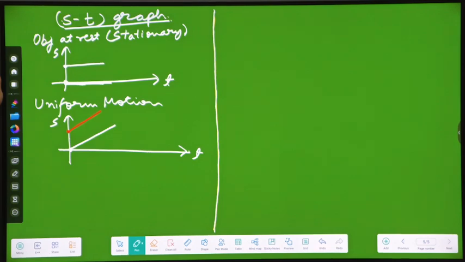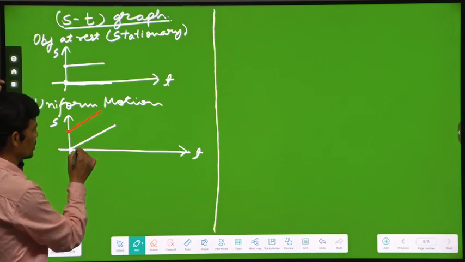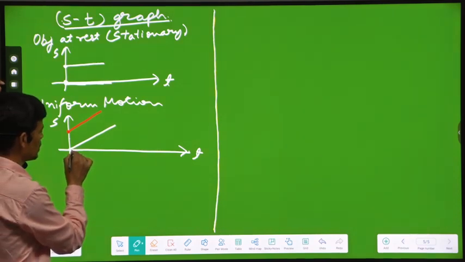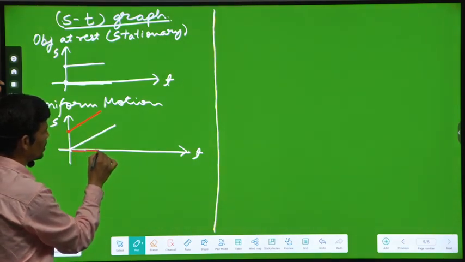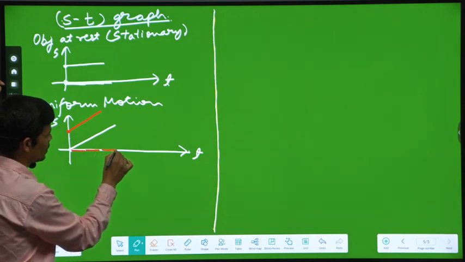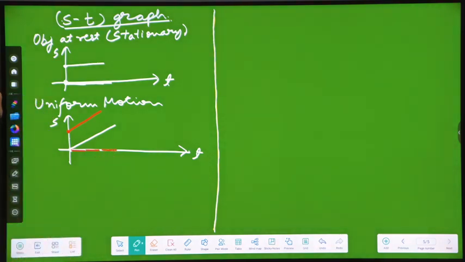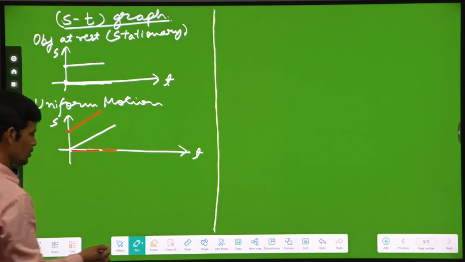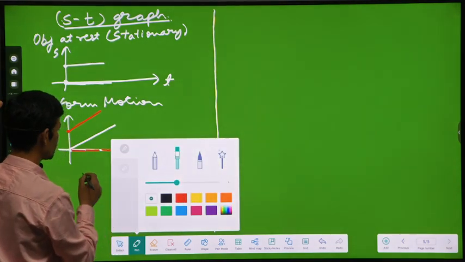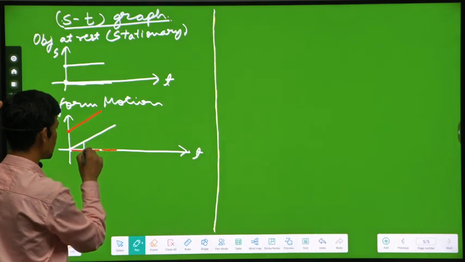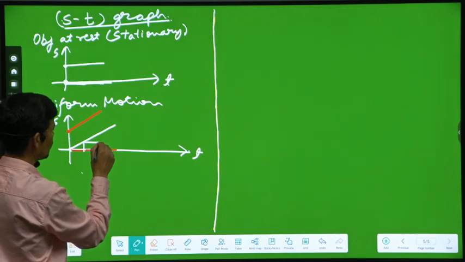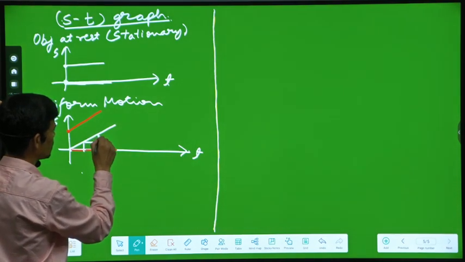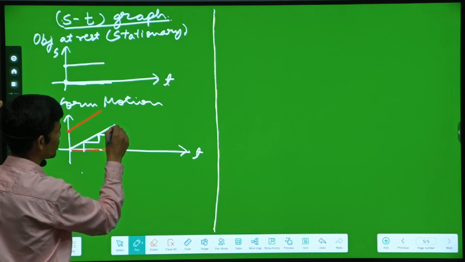So in uniform motion, what happens, you can see this is the time. If I divide this motion into equal time intervals, I guess I have divided them into equal time, yeah, then the associated distance traveled will also be equal, this much, and for this time duration it is this much, and for this time duration it is this much.